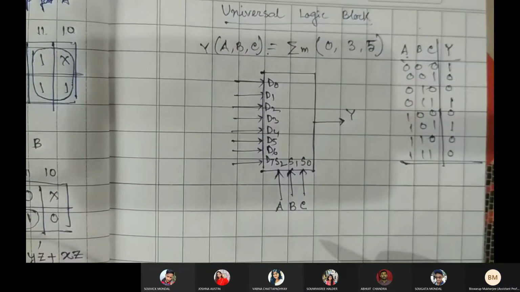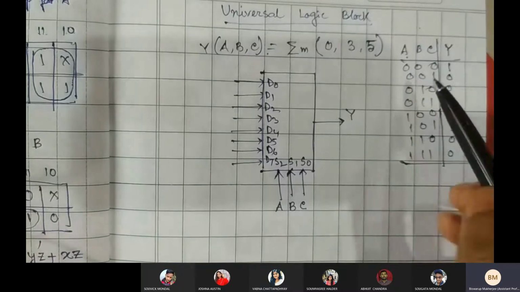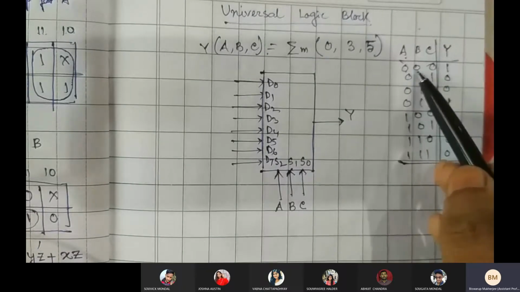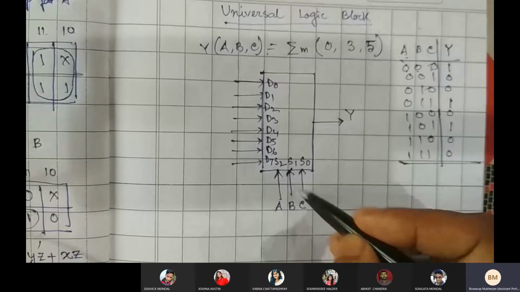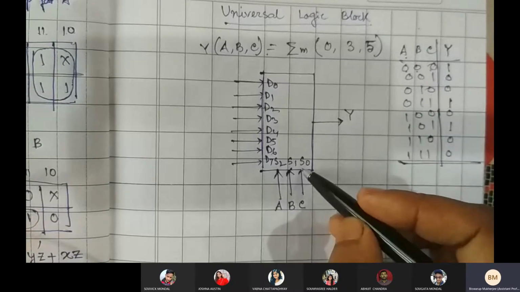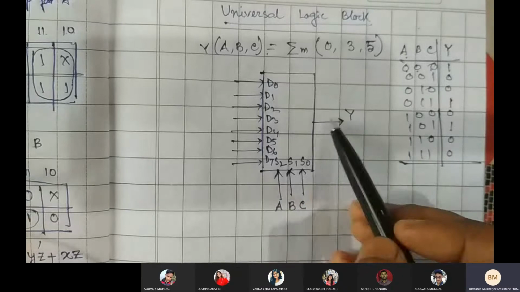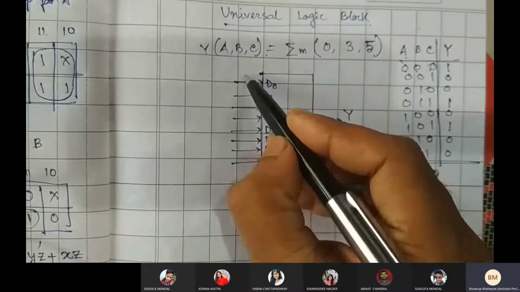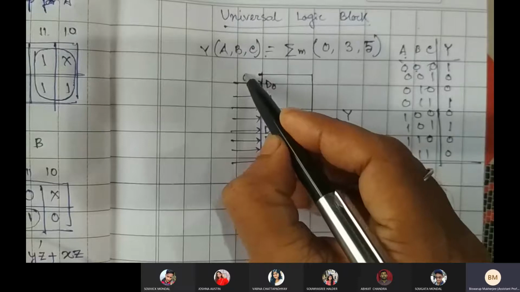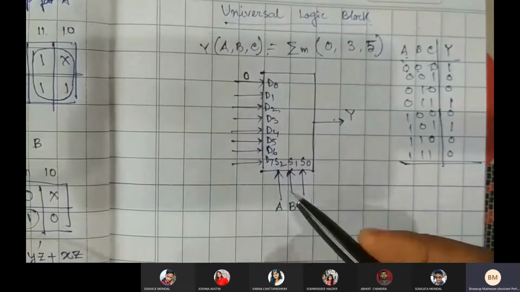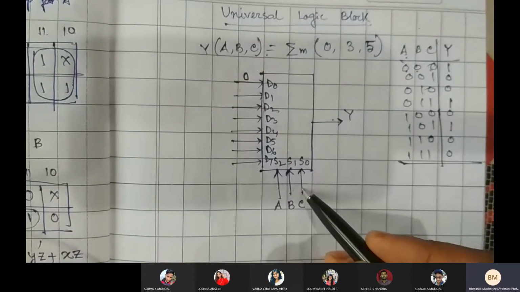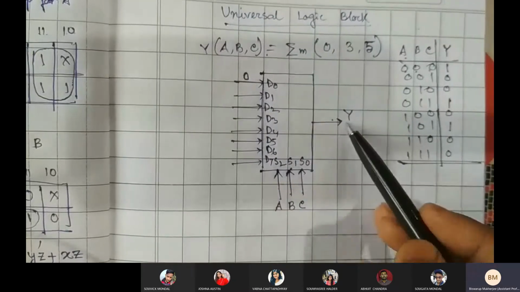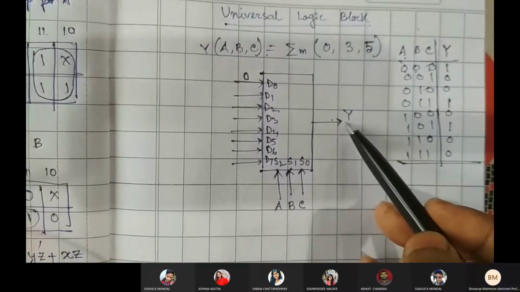Now, we are supposed to get, when 0, 0, 0 comes right over here, which particular data line should be selected? D0 should be selected. So if we provide a 0 for all time, then whenever ABC is 0, 0, 0, that means D0 is selected, and the output at that time will be 0.